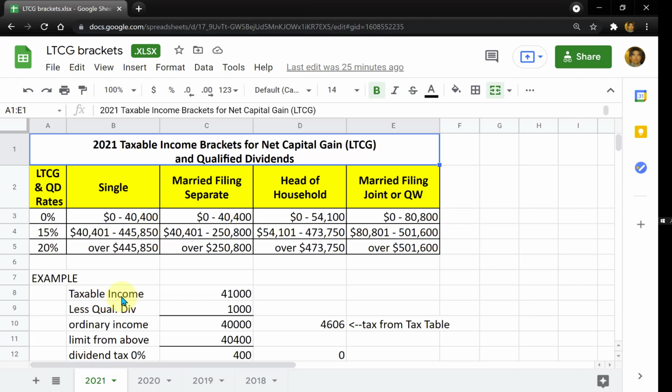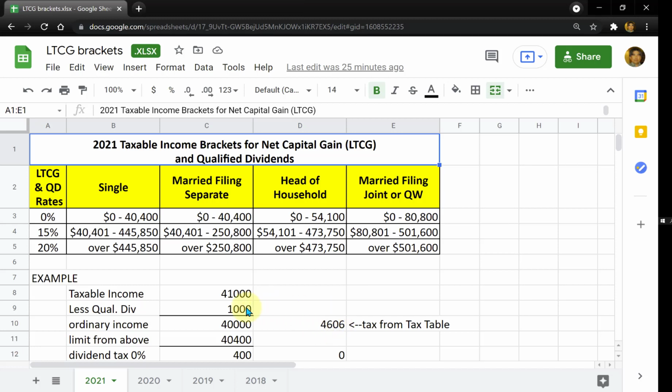The taxable income of our taxpayer, including the qualified dividends, is $41,000. And inside of this $41,000 is $1,000 of qualifying dividends. So we back it out, and that means the rest of the income, $40,000, is going to be taxed at the regular rates, using the tax table because it's less than 100,000. So here's the tax I found when looking it up on the tax table.